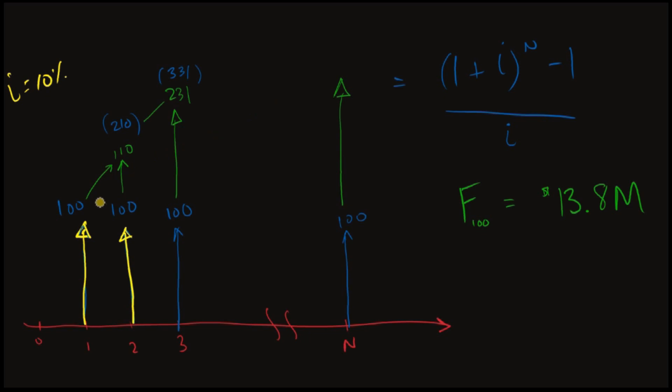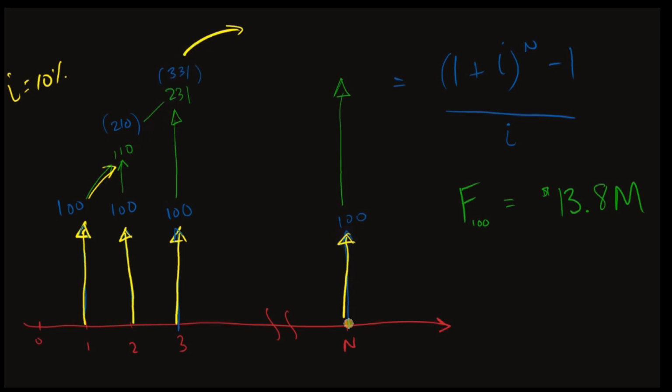Similarly, the year or the period, whatever the case may be, after that, then I have 331 because I've gained interest on the period 2 amount plus the 100 for period 3. And then it just continues on like that period after period until we get to period n, right, whatever n may be.